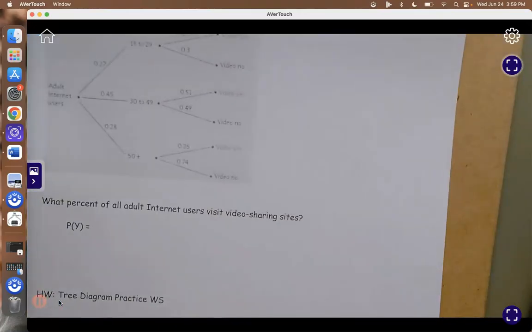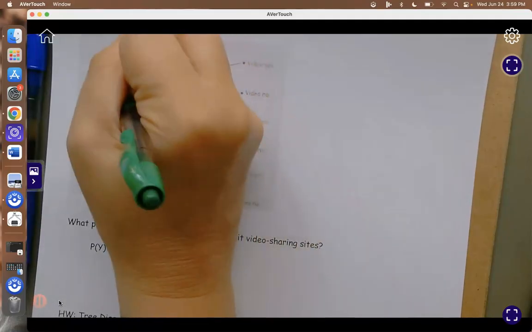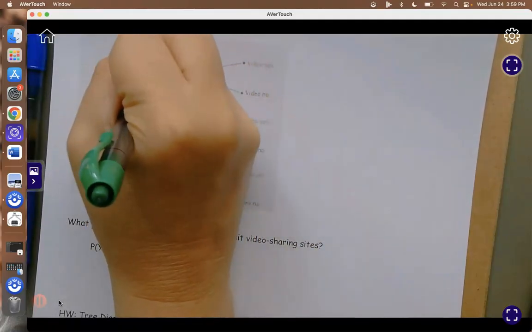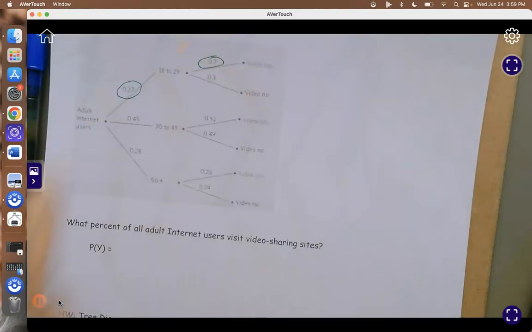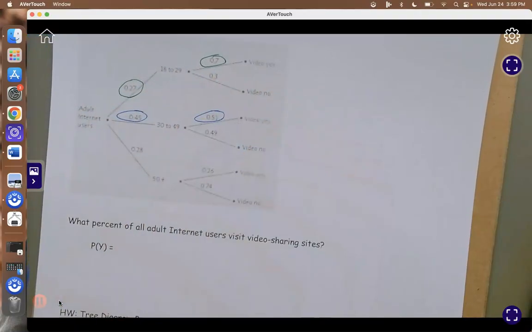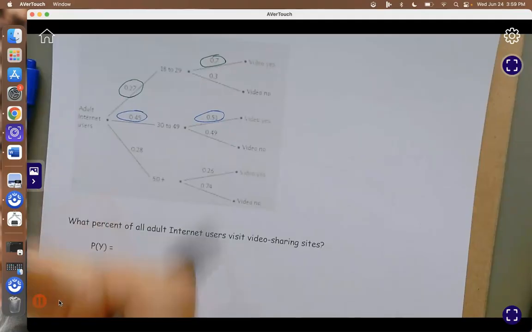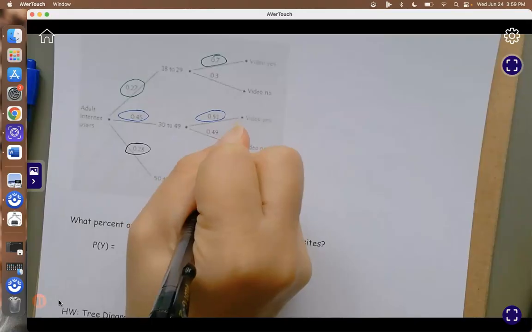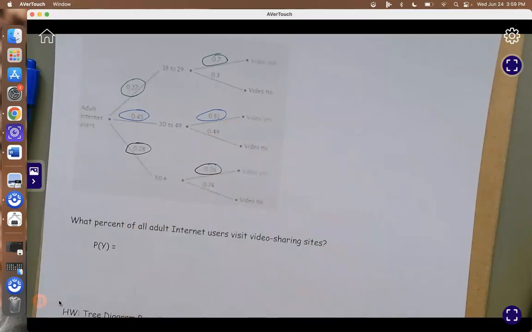All right, so the question that they're asking is, what percent of all adult internet users visit video sharing sites? So we're going to trace out all the ones that use video sharing sites. So we have this set that does video sharing sites, this set that does video sharing sites, and this set that does video sharing sites.